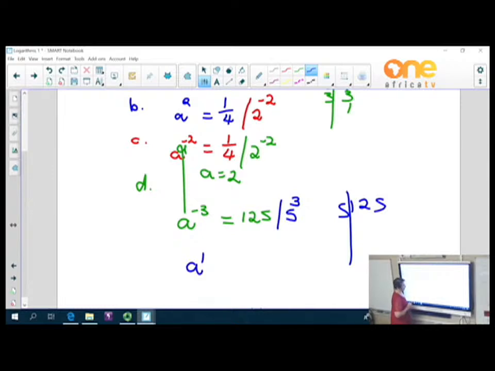You want A to the power of 1. So I'm going to multiply with negative 1/3, because then it will cancel out and I have that answer. But what you do on the one side, you will do on the other side. The 3's will cancel out, and it is then 5 to the power of negative 1.